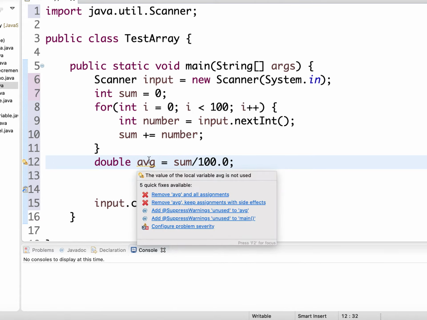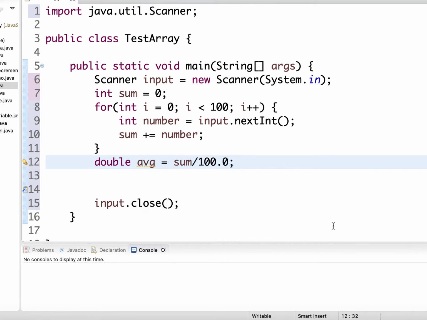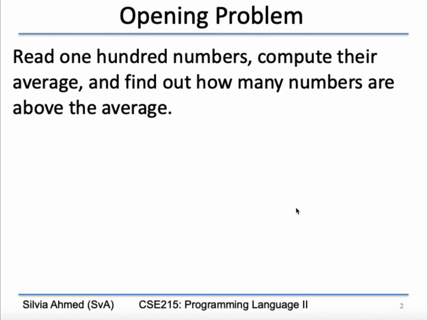That means we now need to store the 100 values we are taking as input. So we have a need for storage of a huge number of values of the same type, and thus comes the need for arrays.